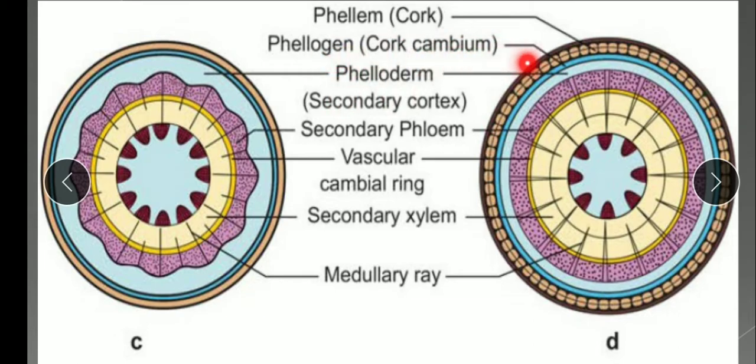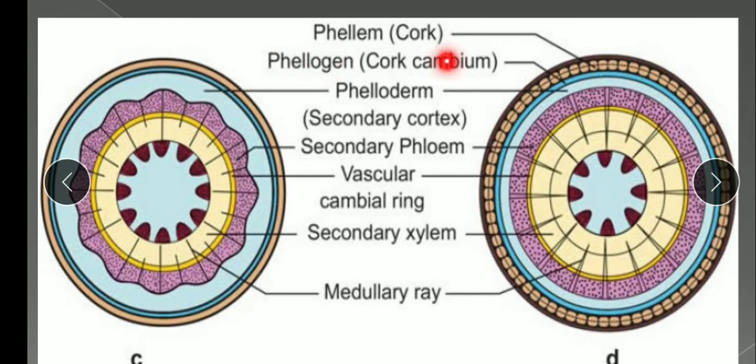Now the cork cambium has thin walled and rectangular cells. So thin walled and rectangular cells are present in this cork cambium, and they divide in the tangential plane, providing daughter cells which are added to the exterior and sometimes to the interior.